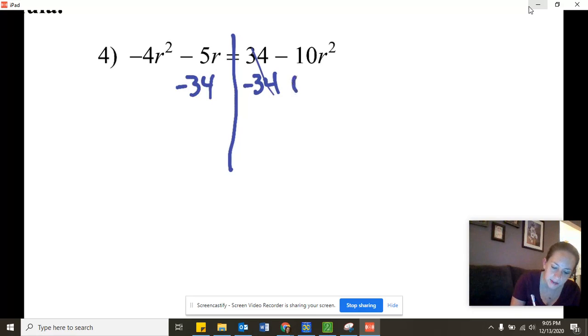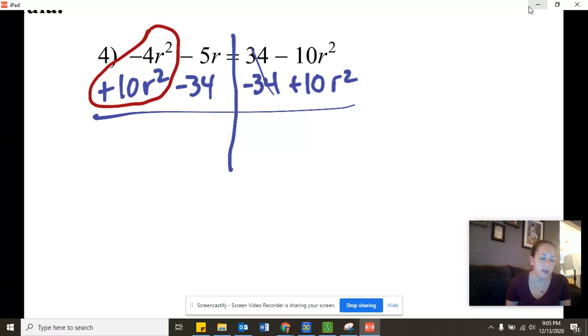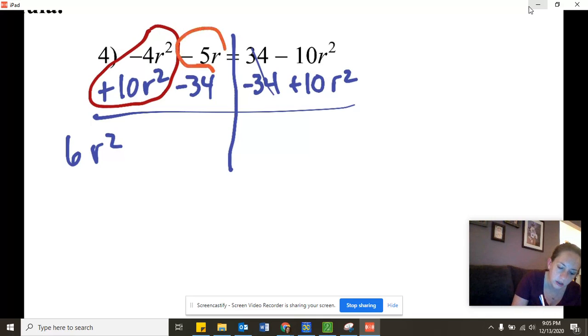And then to get rid of a minus 10r squared, I'm going to add 10r squared. So these two are like terms. So I'm going to actually add those together. So 10r squared minus 4r squared is 6r squared. Then this is the only r term, so I'm just going to bring that straight down.